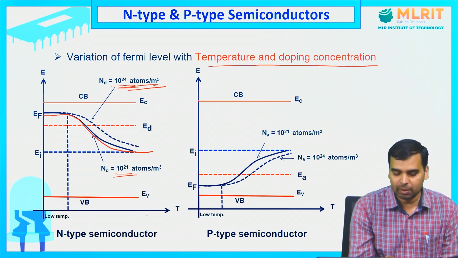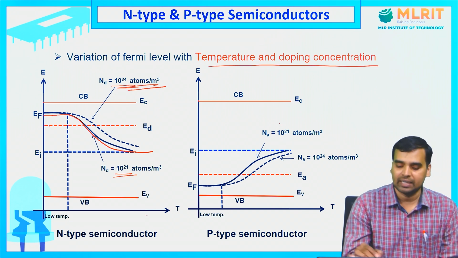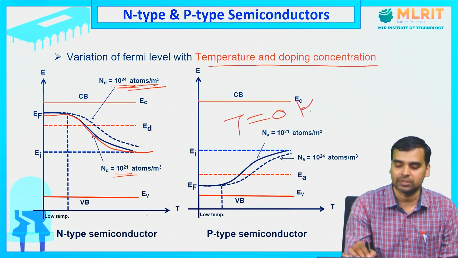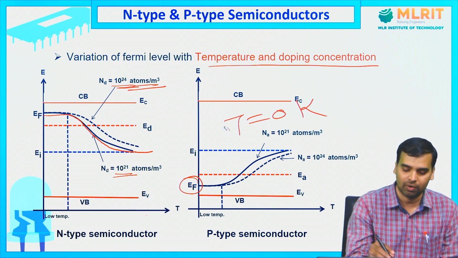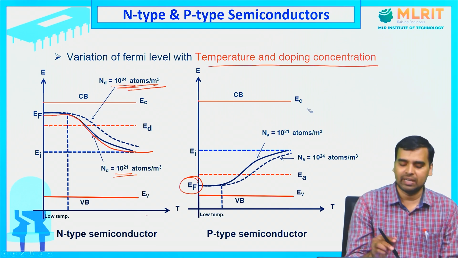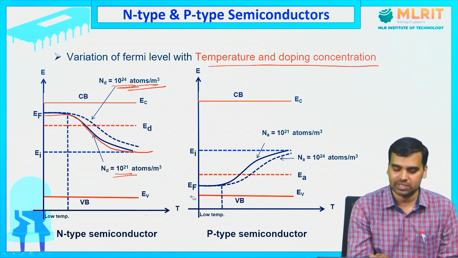That's why the Fermi level position is exactly in the middle between the valency band and the acceptor energy level at T equal to 0 Kelvin.